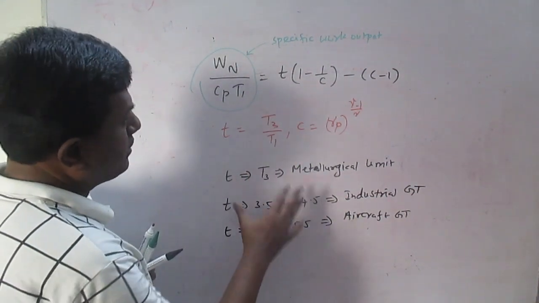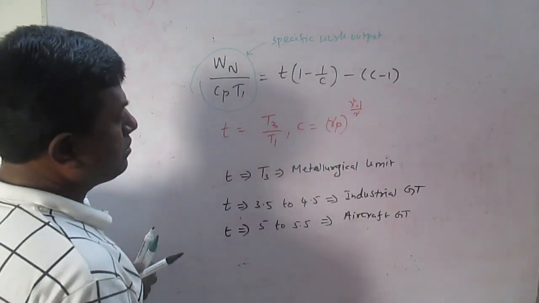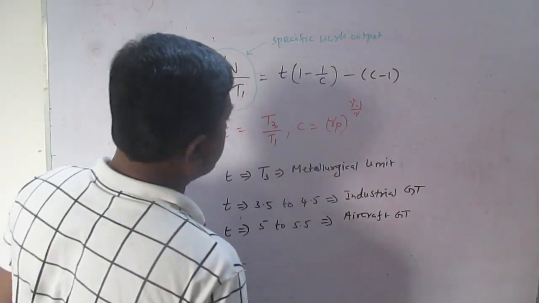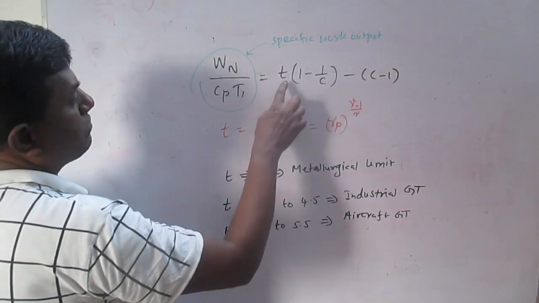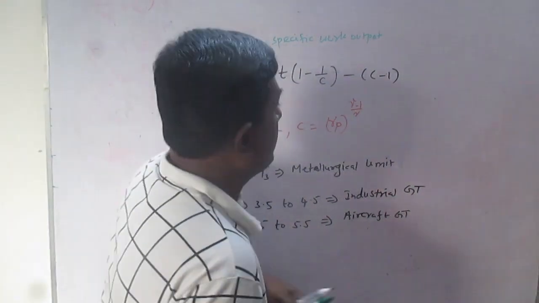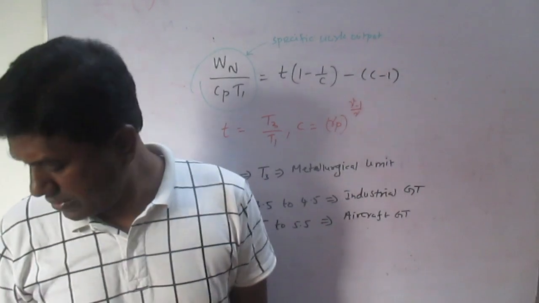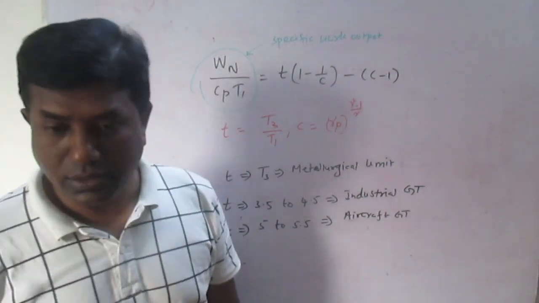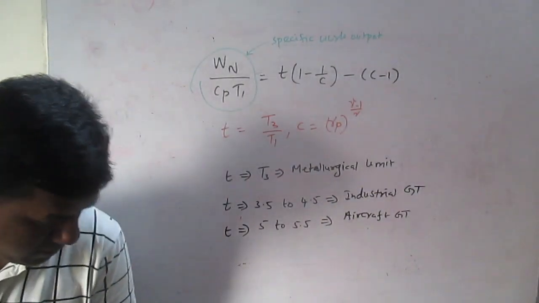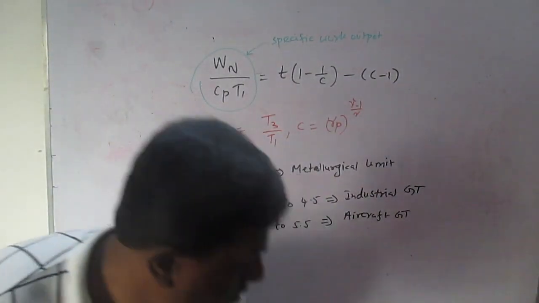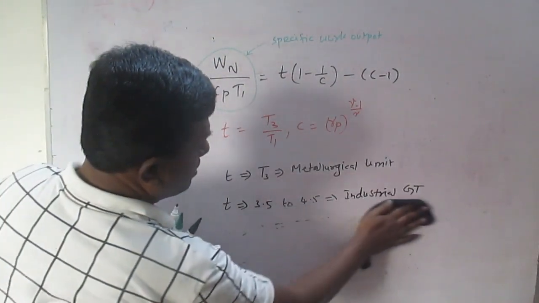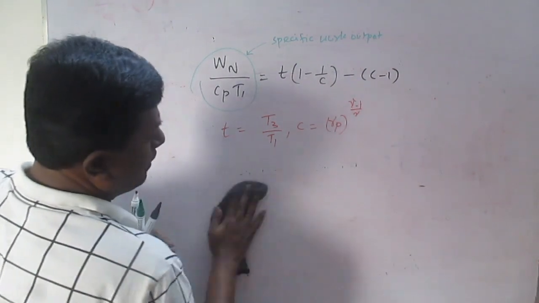Now the specific work output also plays with the curve, that is the graph. For a fixed value of T, we can plot how the specific work output varies. So now let's plot the values.